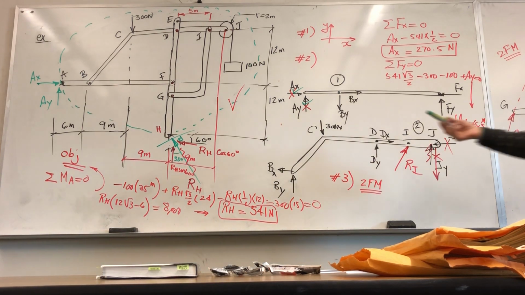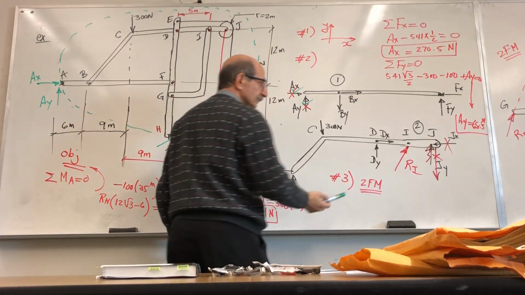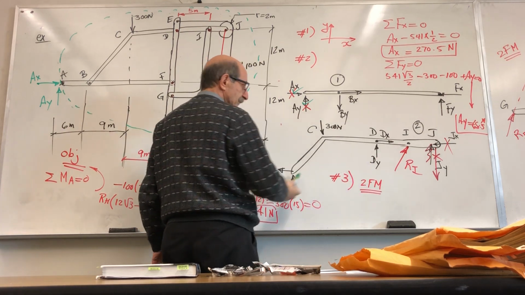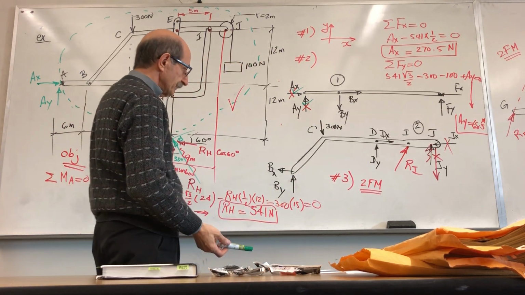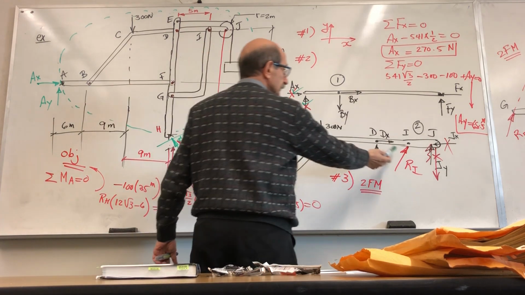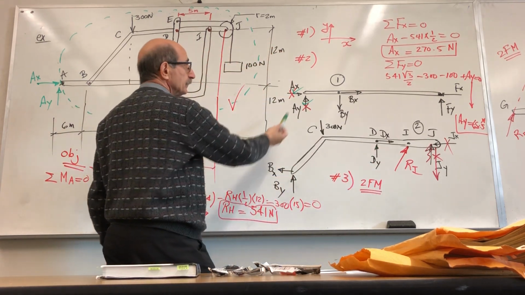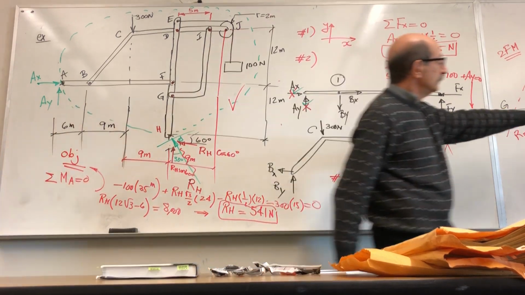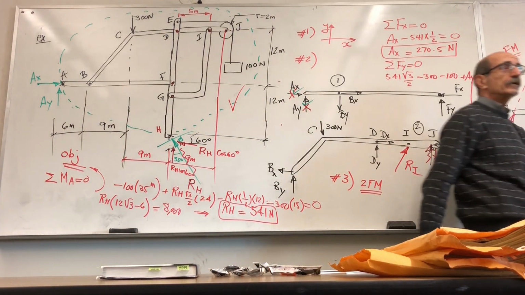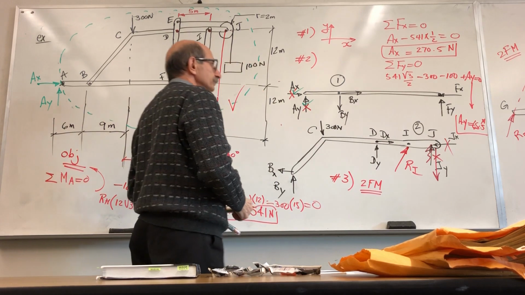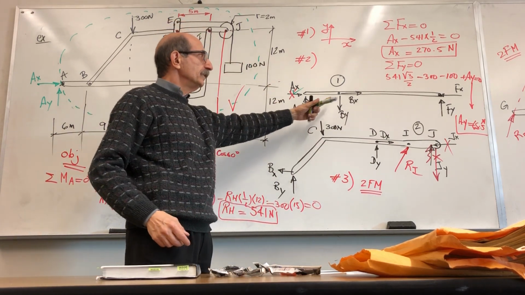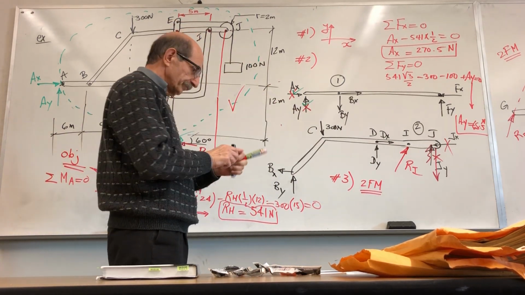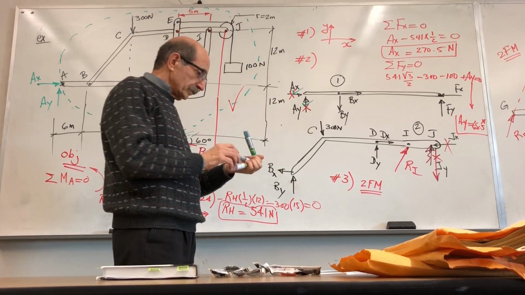I have 4 here, and how many here? 4. Here I have 5, right? Here I have 4. And here I have 5, right? So which one do I use? I will use, obviously, this one, okay? Okay, so let's do that.